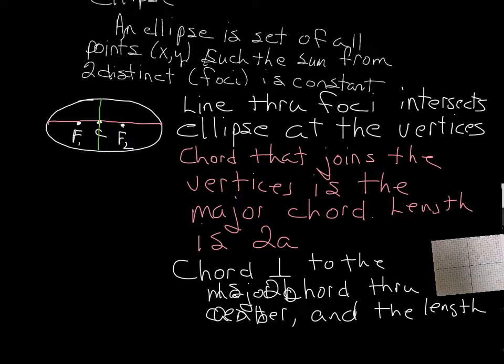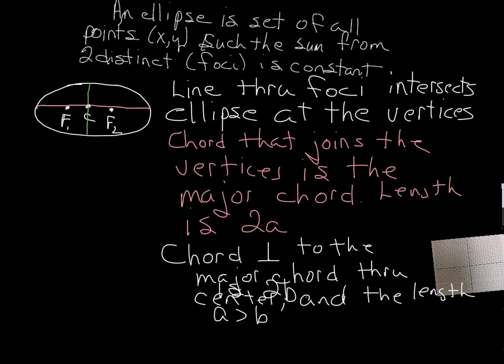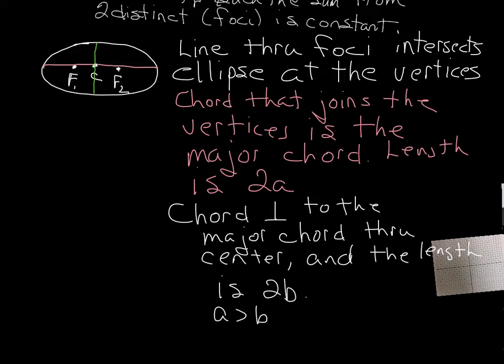The length of the minor chord is 2b. The length of the major chord is 2a. And the distance from the center to one of the foci is c. Or we could say that the distance from foci to foci, from F1 to F2, is 2c.